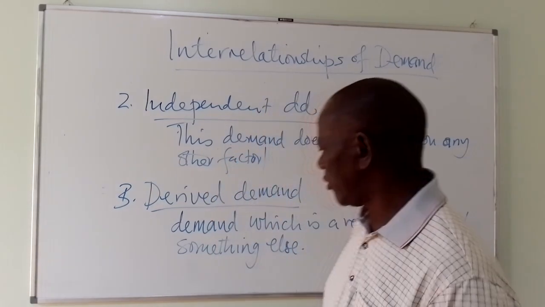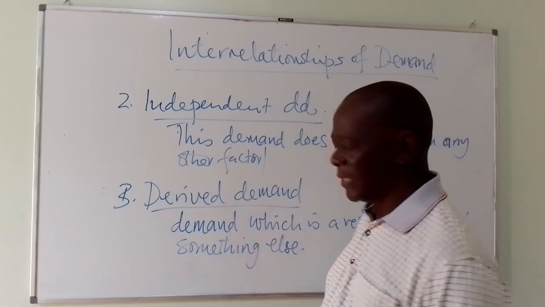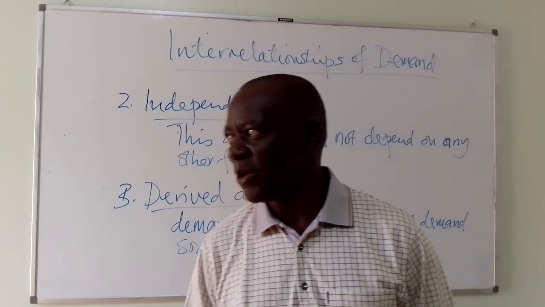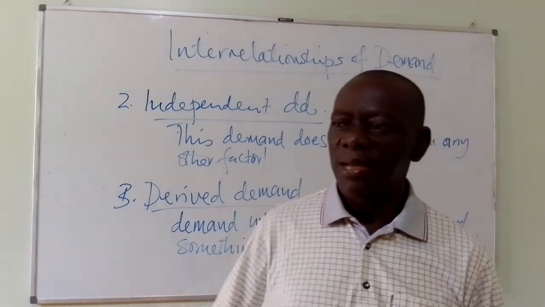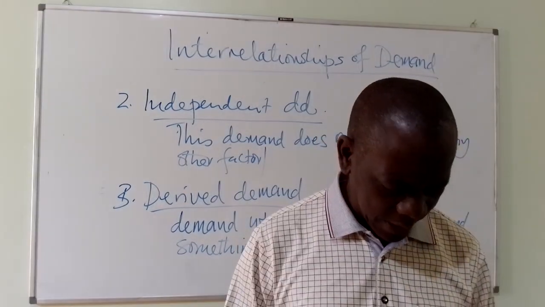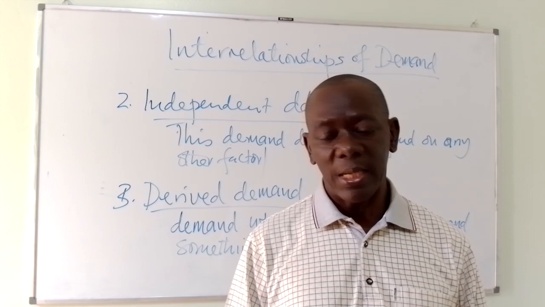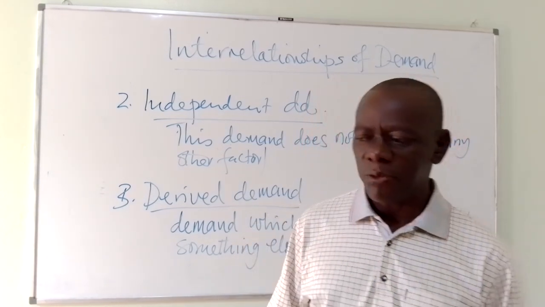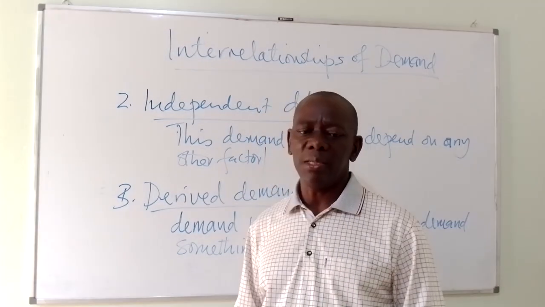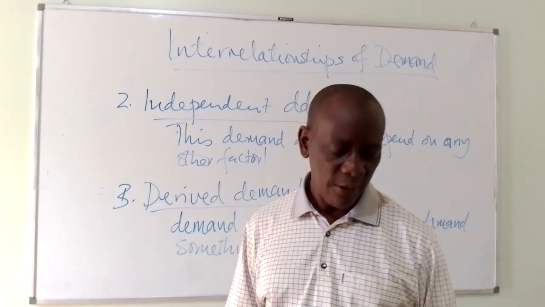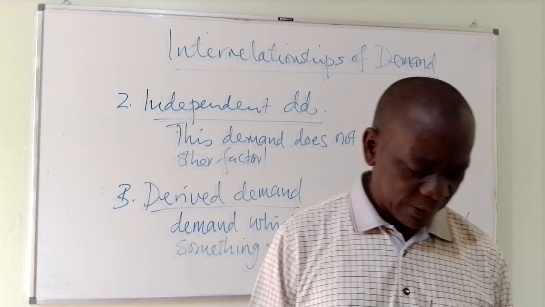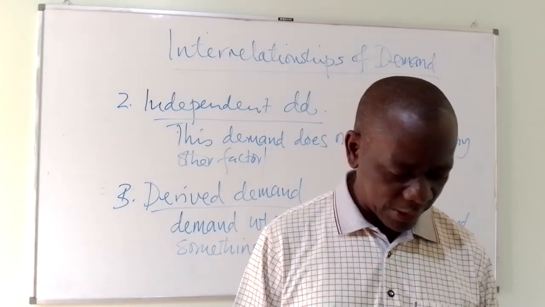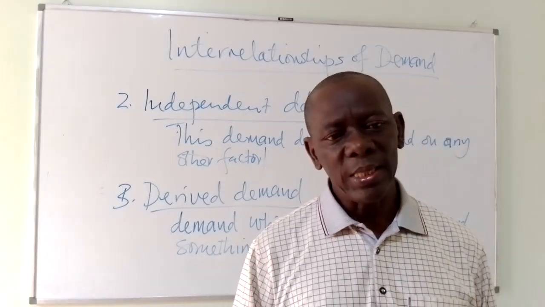So that's what we call derived demand. Demand which is a result of demanding another commodity. This is very common, and in economics, it is one of the bases of our study. When you demand this, there will definitely be demand for this other commodity. So it is very important to look at these different demands.